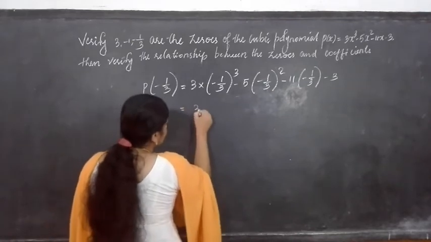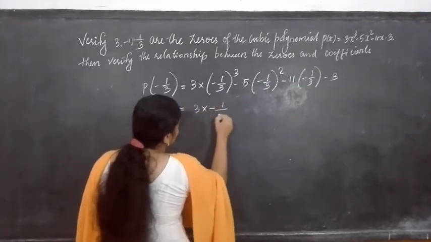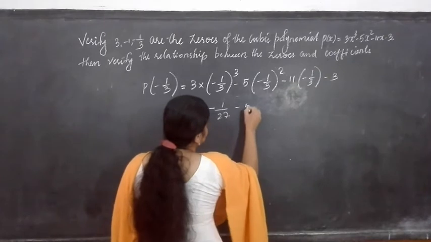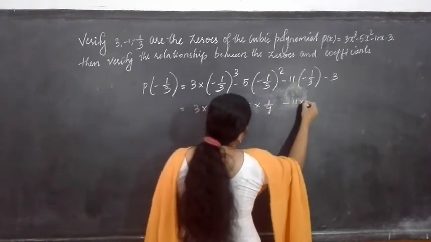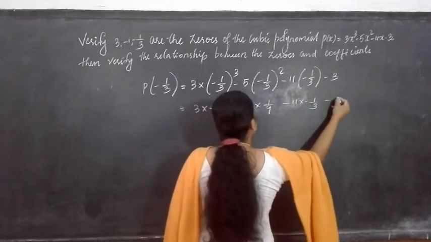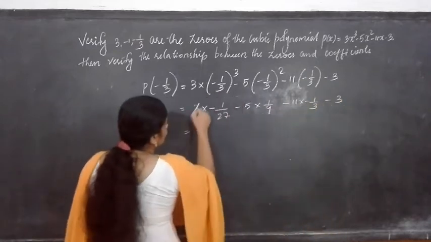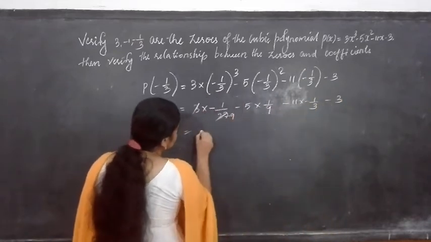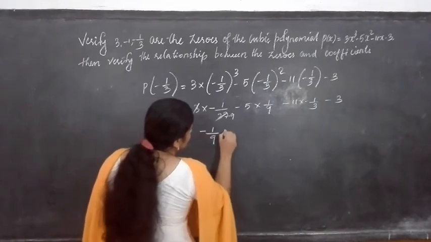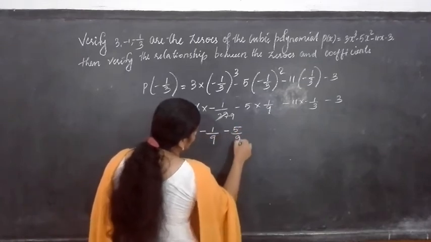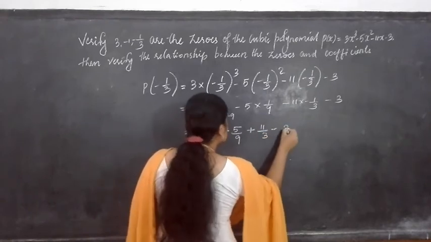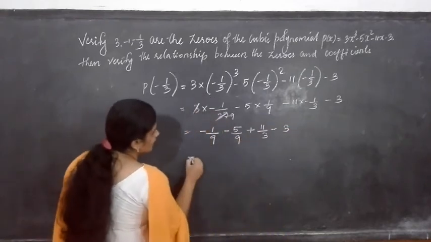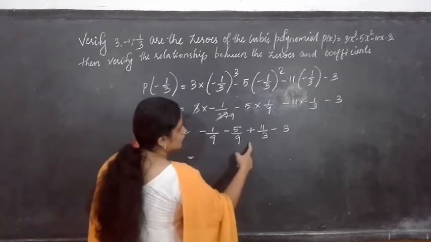So 3 into negative 1 by 27 minus 5 into 1 by 9 minus 11 into negative 1 by 3 minus 3. Now here we can cancel: negative 1 by 9 minus 5 by 9 plus 11 by 3 minus 3.